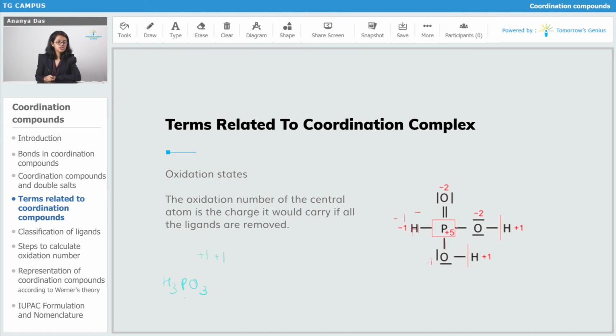Now let's talk about this bond. In this bond also oxygen is more electronegative than phosphorus, so oxygen is again going to take away the electrons from phosphorus. It will give the phosphorus a charge of +1 and the oxygen will have a charge of -1.